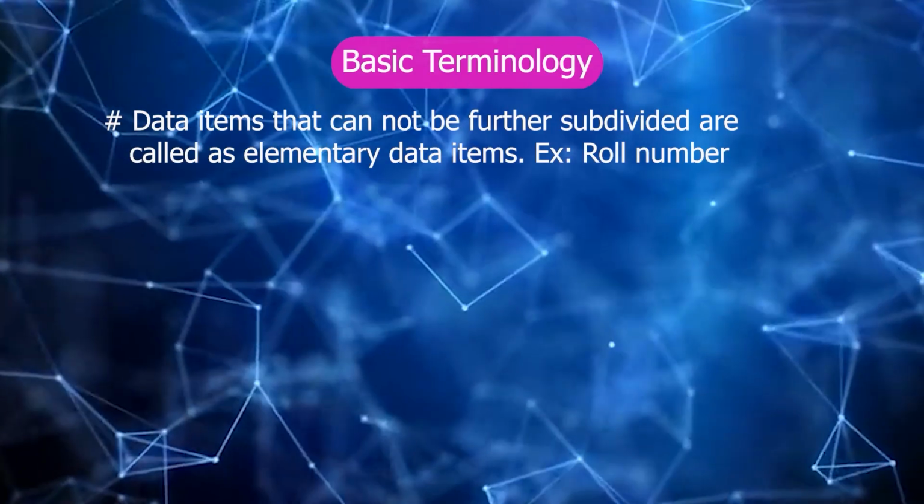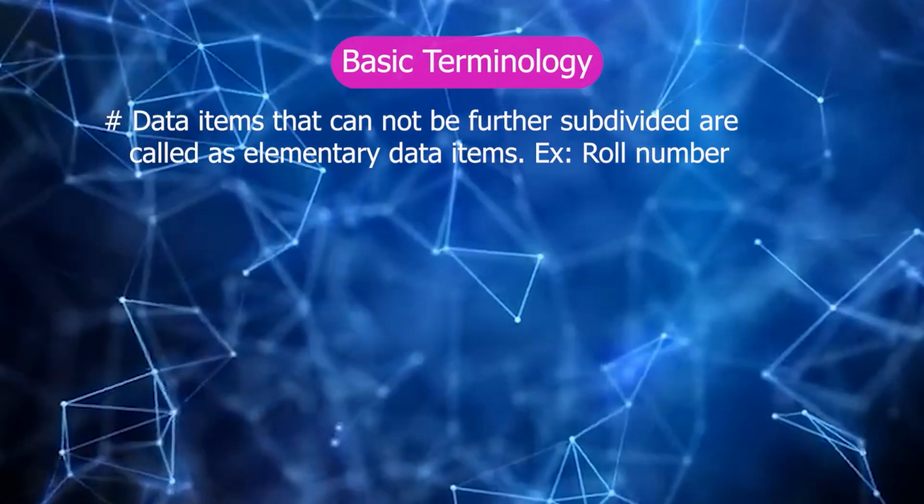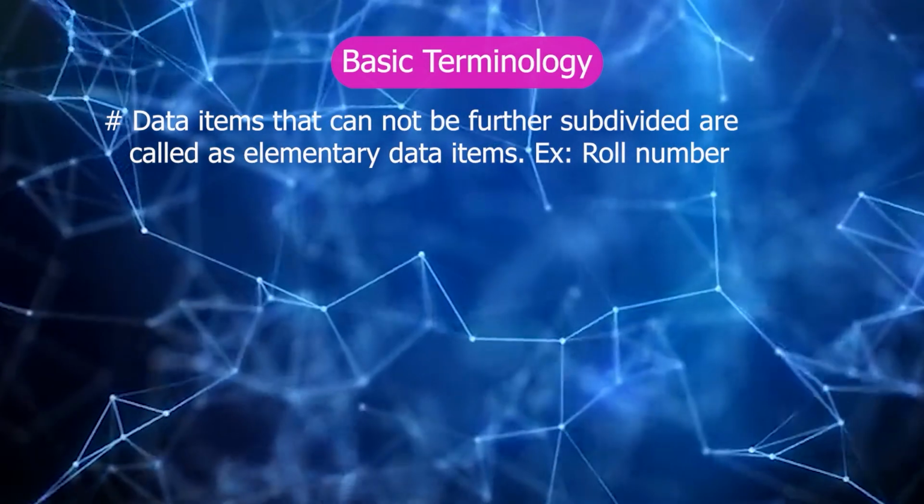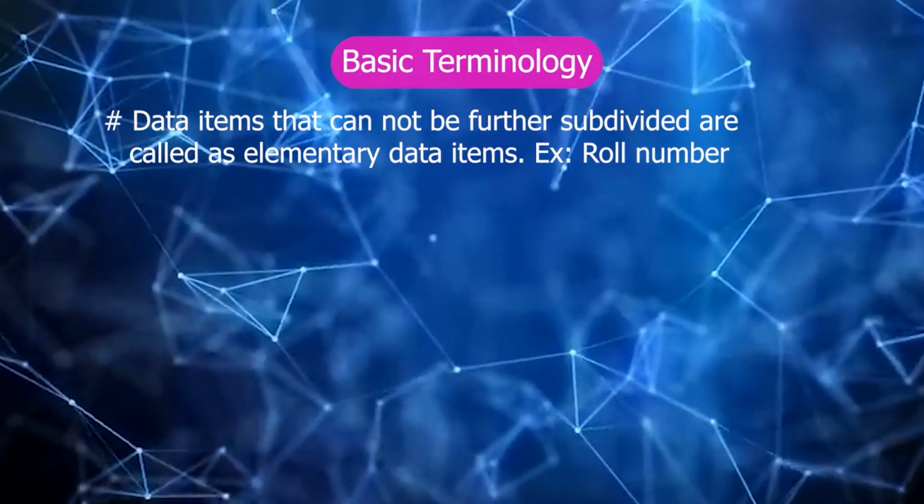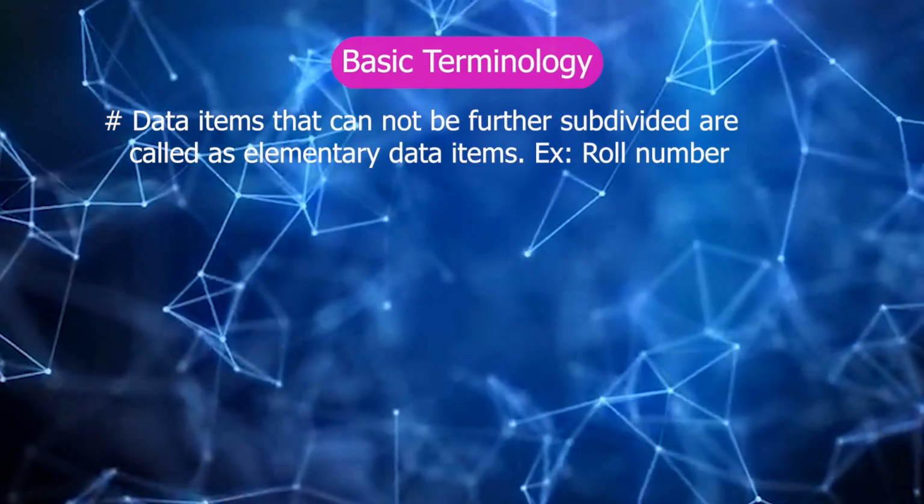Now there are certain basic terms that are associated with the data elements or data structure. As I told you, there are certain data elements which cannot be further divided, and therefore we call these data elements the elementary data elements. Say for example, whenever you take admission in a class or in a college, you are given some identity number, or some roll number.